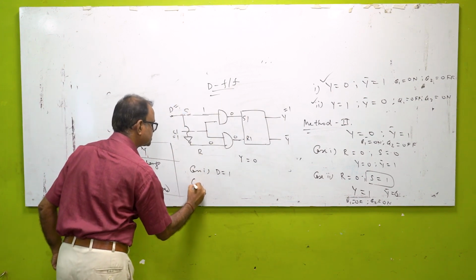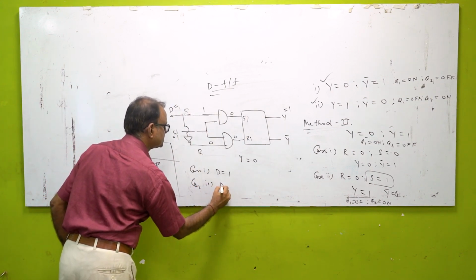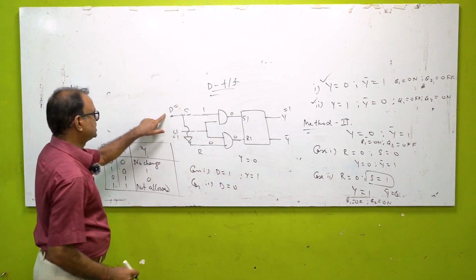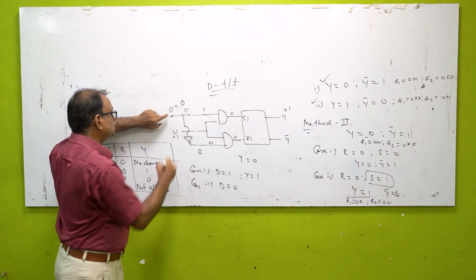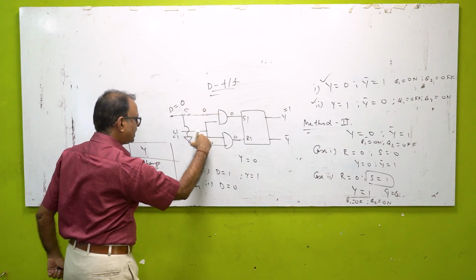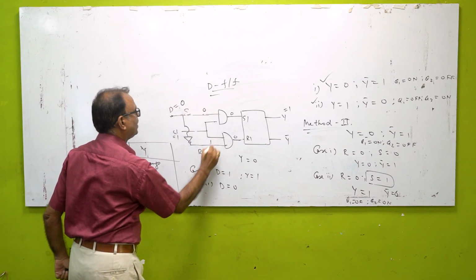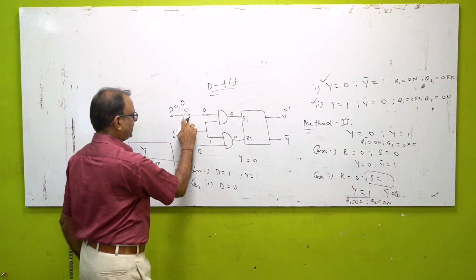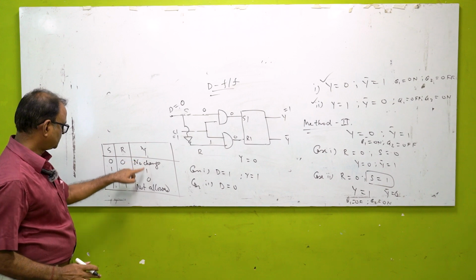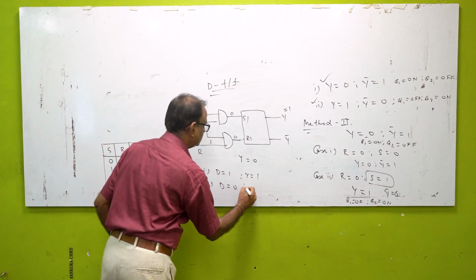Similarly, under case 2, if D is equal to 0, then S becomes equal to 0 and R becomes equal to 1. So S is equal to 0 and R is equal to 1 means the output Y will become equal to 0.